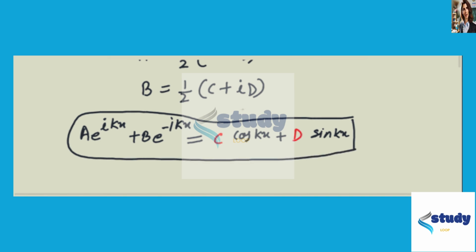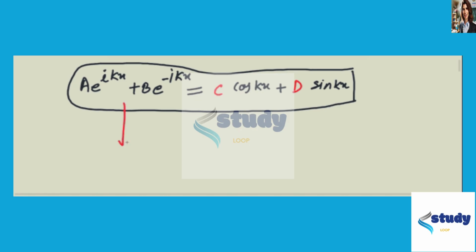But these exponential terms are mostly used for the free particle, because you can read the comments. Yes, when V is equal to 0, the exponentials represent the traveling waves.